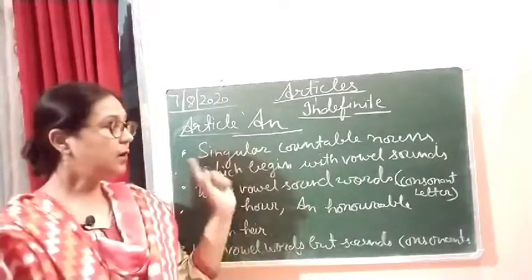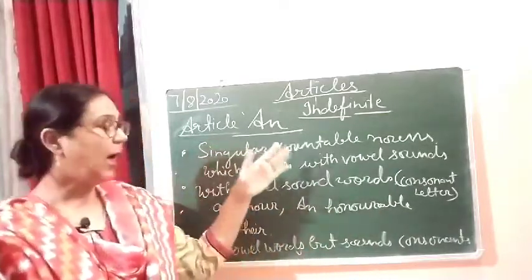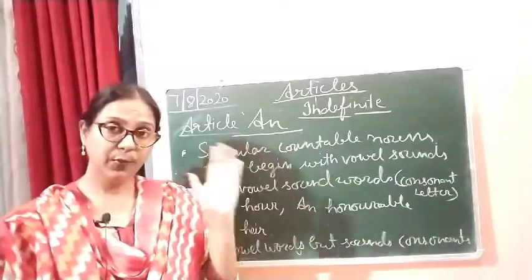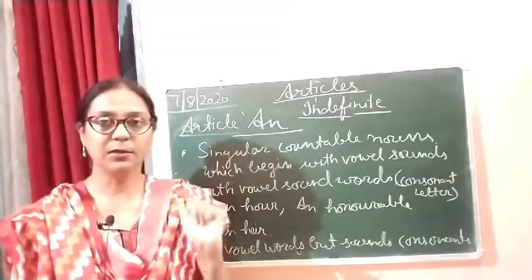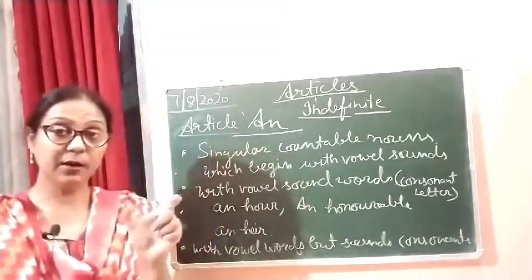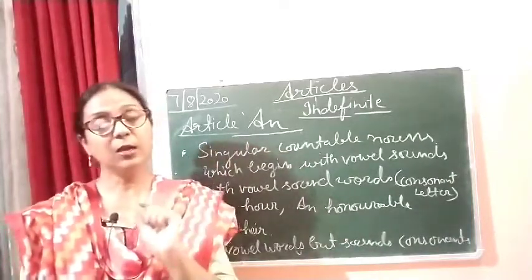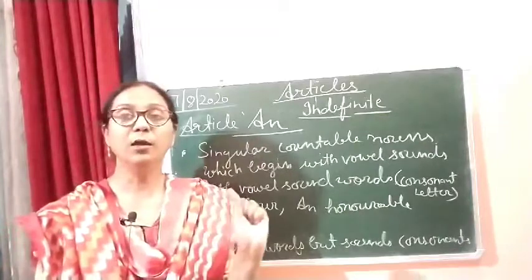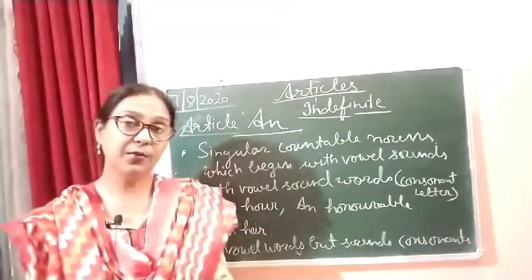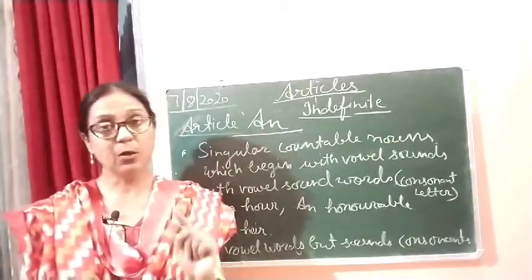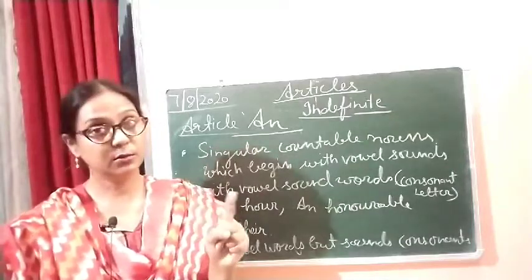But there is a difference between a and an. An is used with singular countable nouns that start with a vowel sound. If the word starts with a vowel letter, A, E, I, O, U, these being the vowel letters or alphabets, or a vowel sound, then we are supposed to put an there.